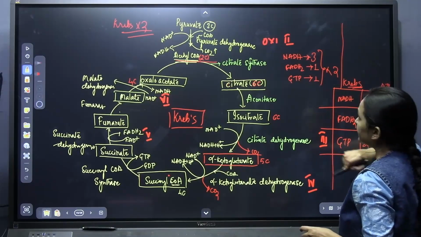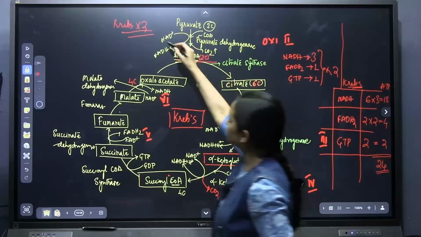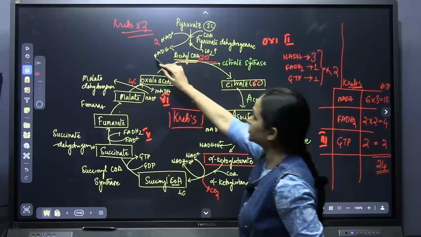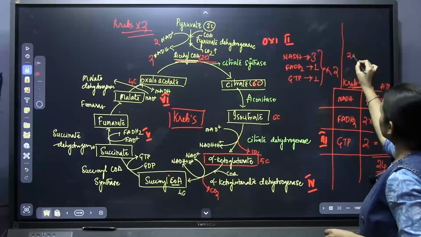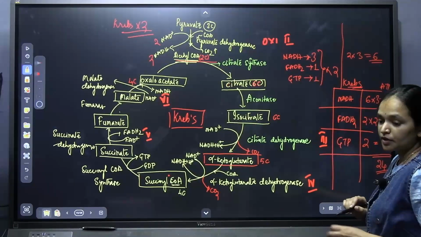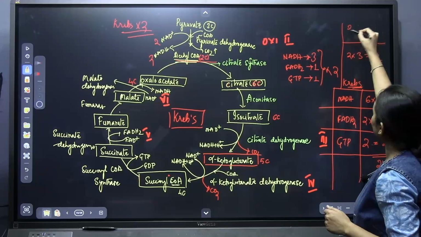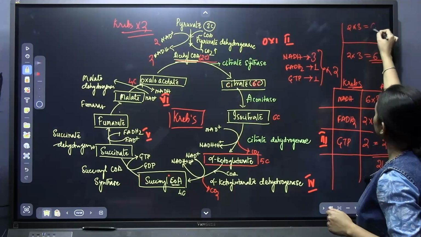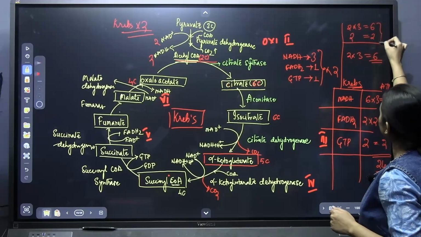If you see even in the link reaction, how many molecules of NADH are produced? It is 2 molecules, right? So 2 into 3, we got 6 in the link reaction. If we see glycolysis, 2 molecules of NADH we yield, which gives 6, and 2 direct ATPs we got, that is 2. Total is 8.